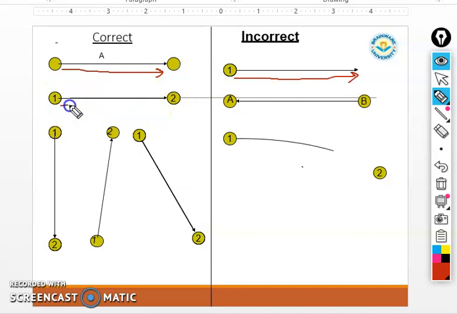You always make an arrow from the previous activity to the next activity. But here it's the wrong arrow representation, because here we mention the arrow from B to A. That should not happen.